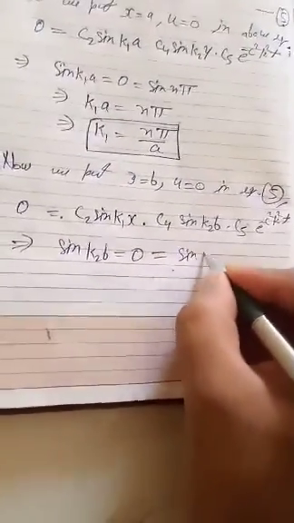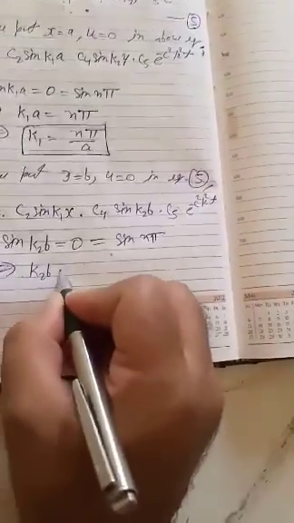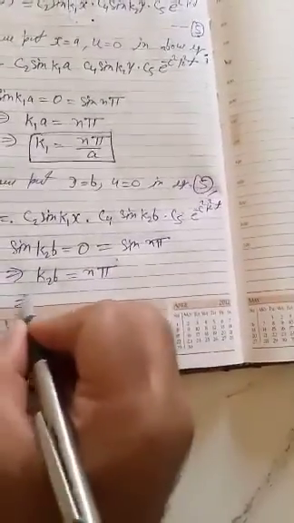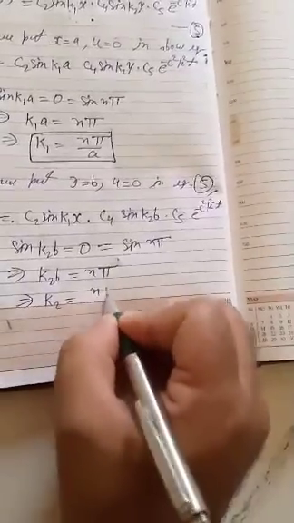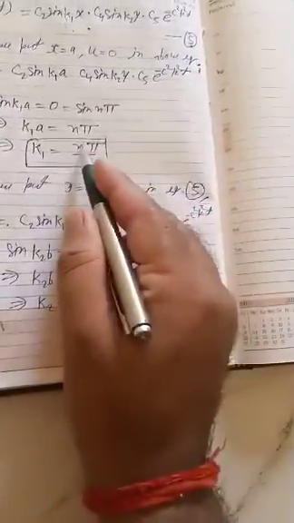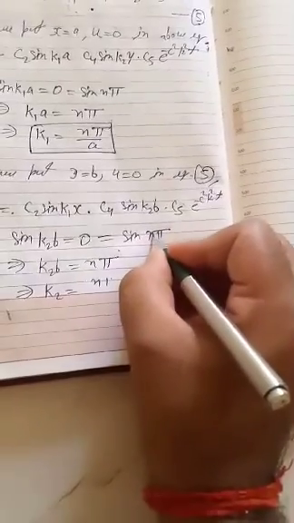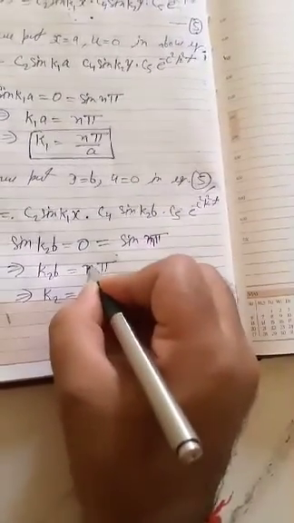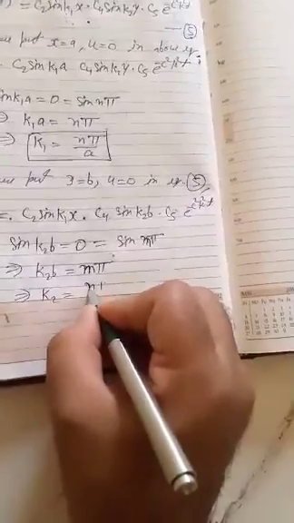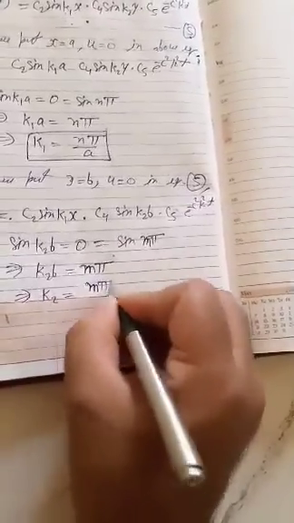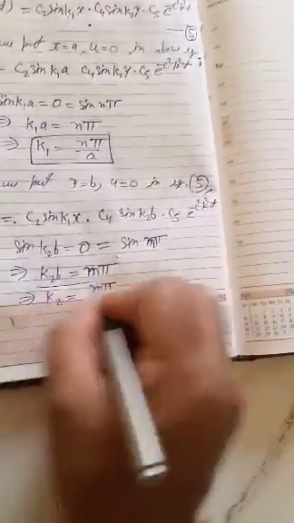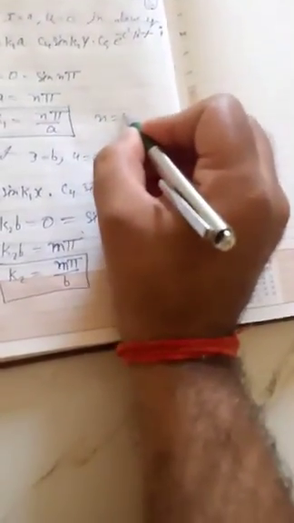So this implies that sin of n pi. This implies that k2 of b is equal to n pi. This implies that k2 is equal to, here we take an n, so this we take m, that seems different, m pi by b. To represent only this difference, here n varies from 0, 1, 2 and so on.